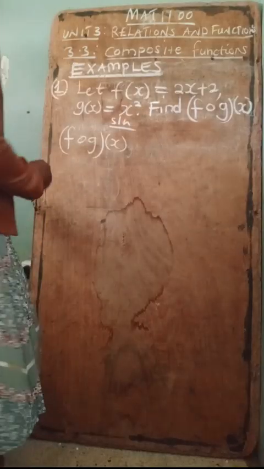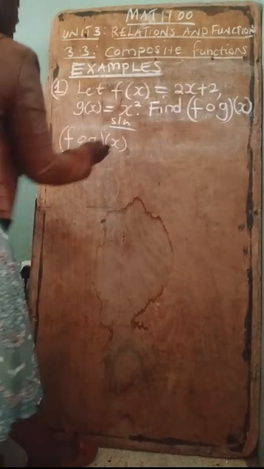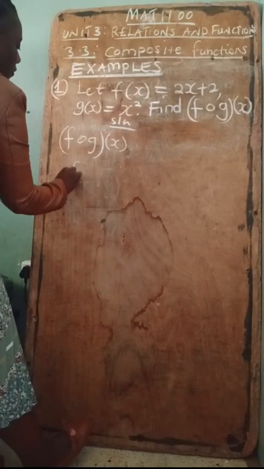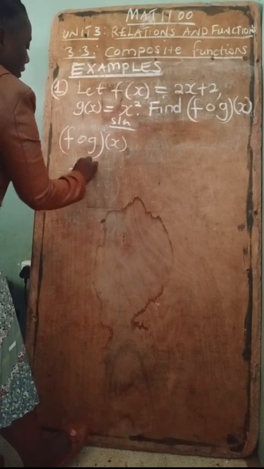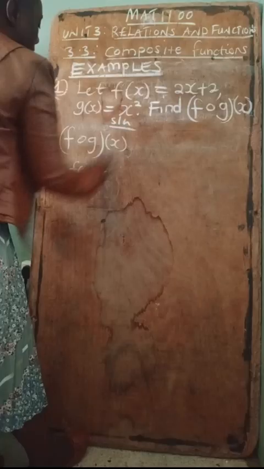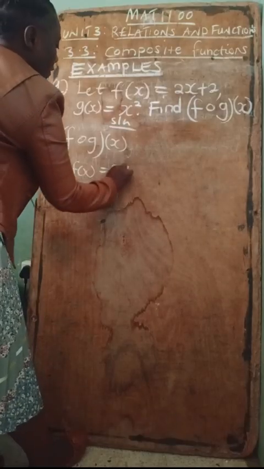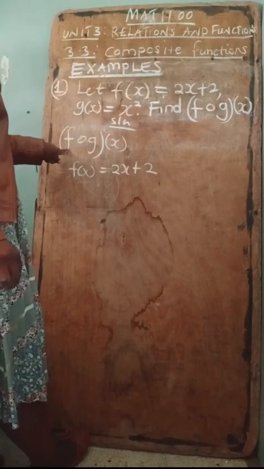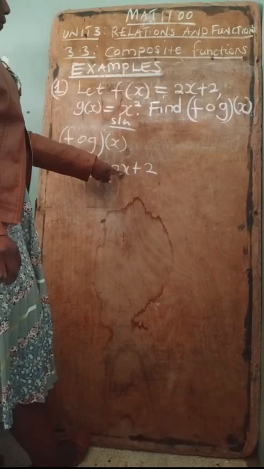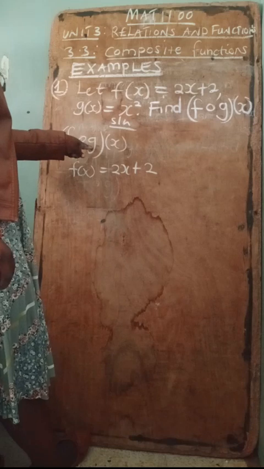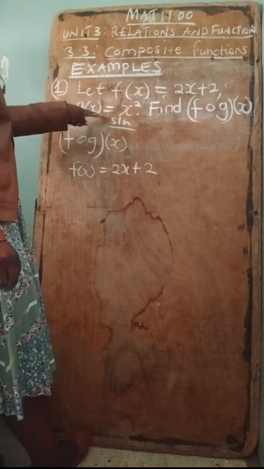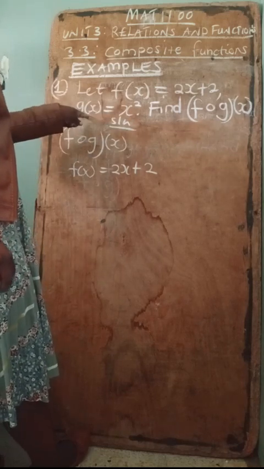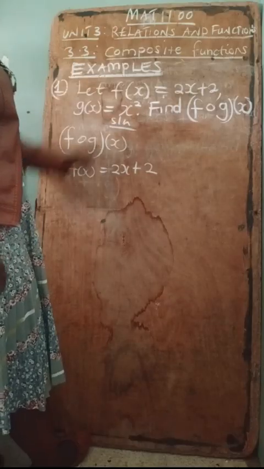So how do we do it? The function f of x is this one here, 2x plus 2. In the function of f, where there is x, we are putting the function of g, which is x squared.